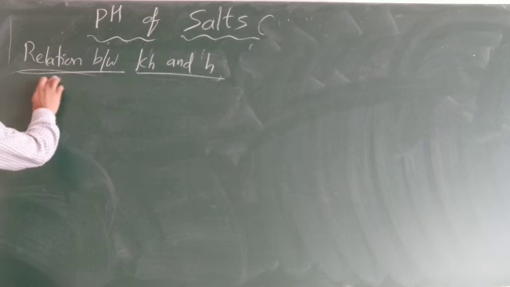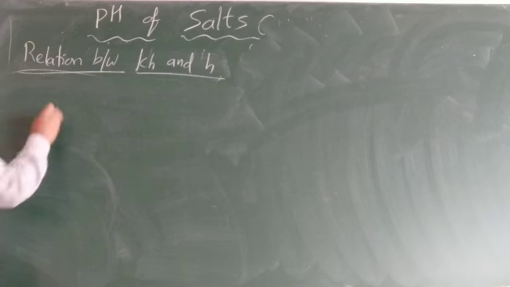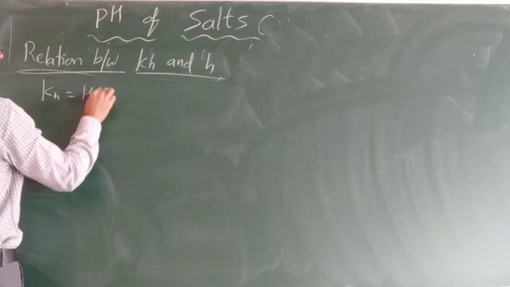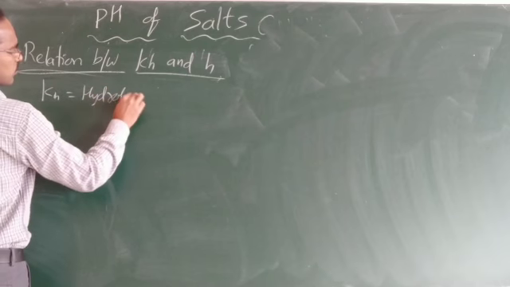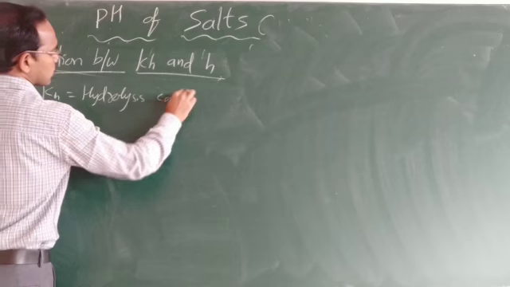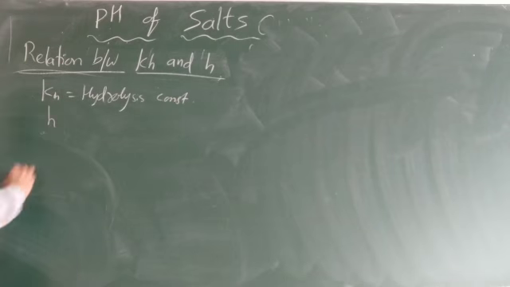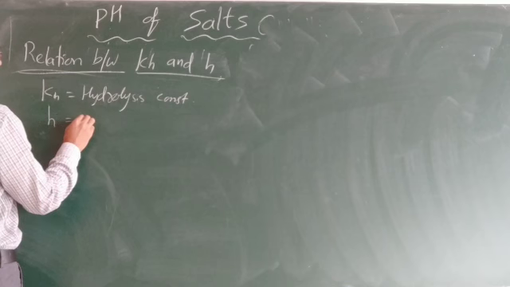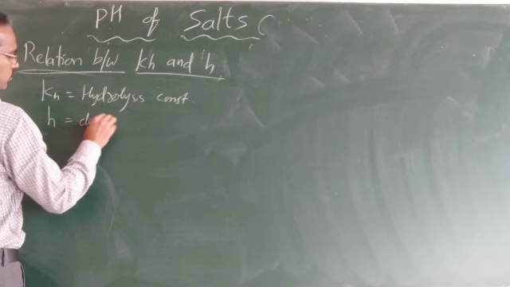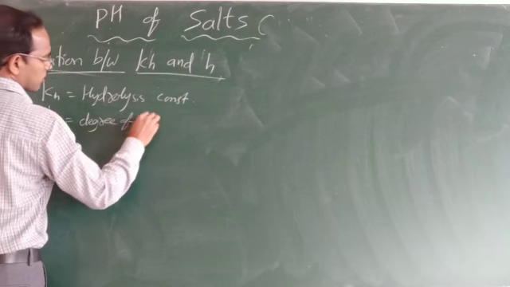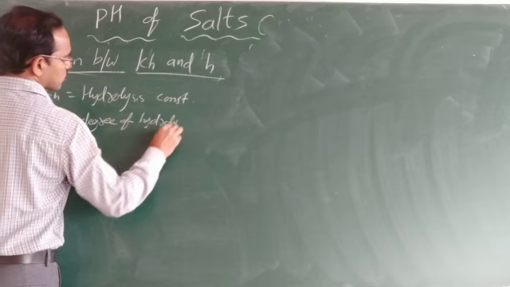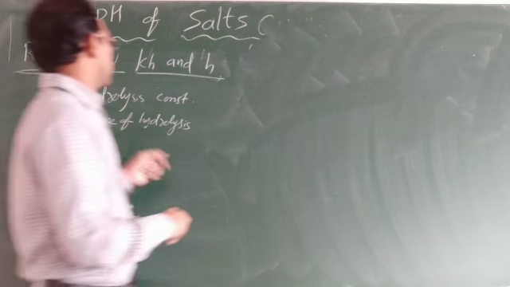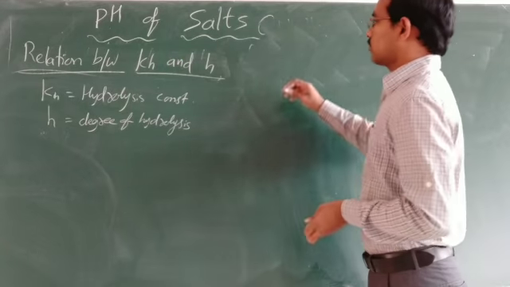Next, relation between KH and H. Here, KH is hydrolysis constant. Then H is degree of hydrolysis. Right. Now the relation.